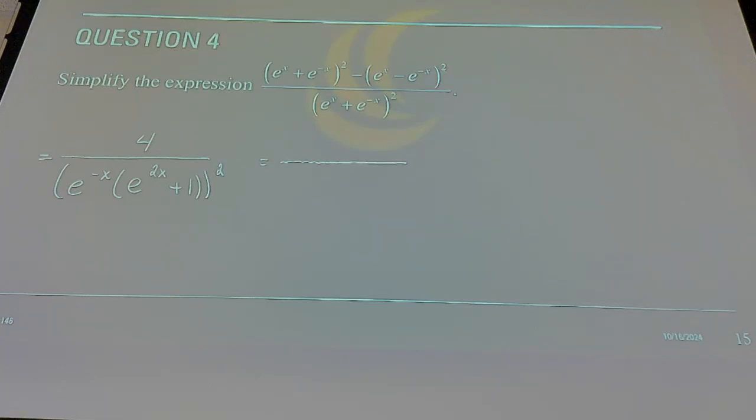Laws of exponents: the exponent goes onto each term of the product.